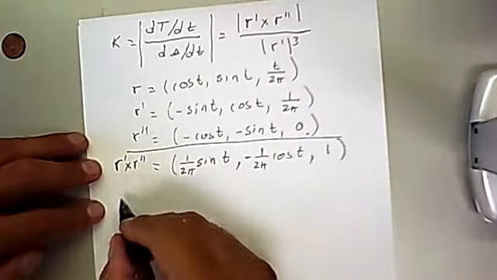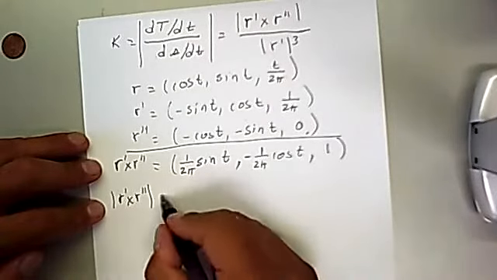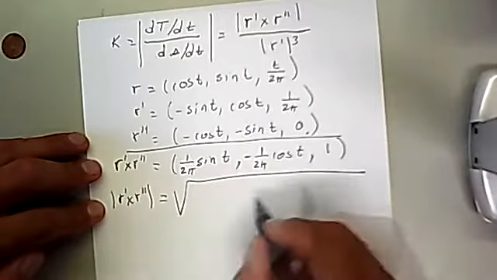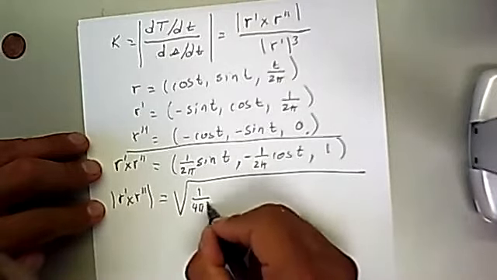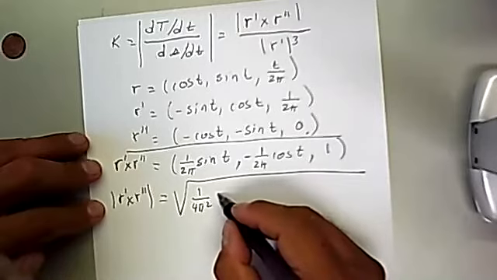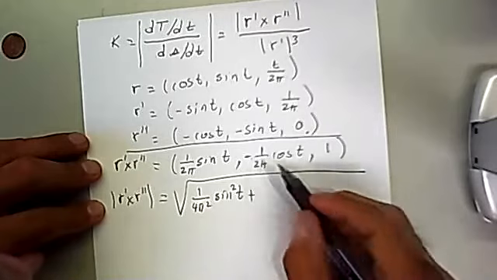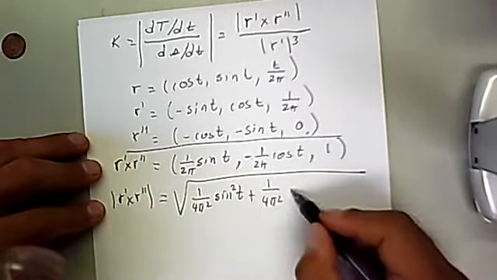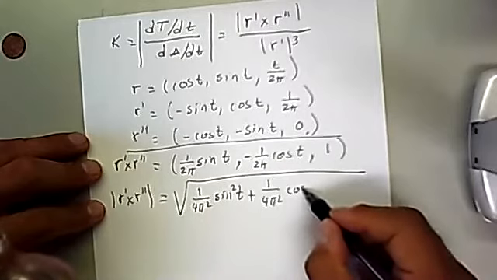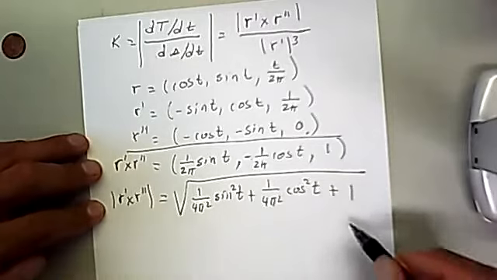Yep. The magnitude is the square root of this guy squared, so 1 over 4 pi squared sine squared t plus this negative vanishes after we square, 1 over 4 pi squared cosine squared t plus 1.